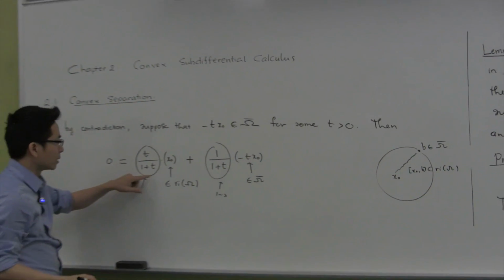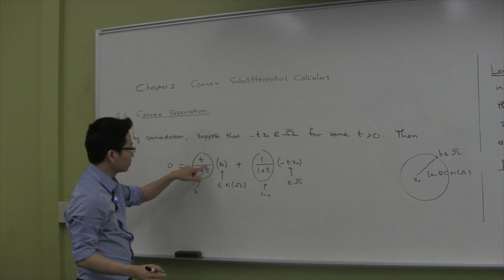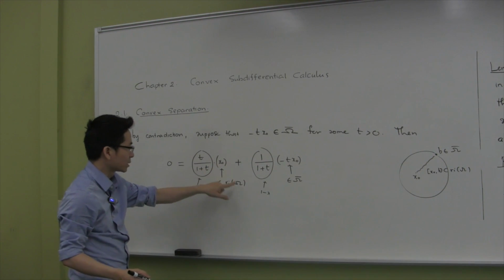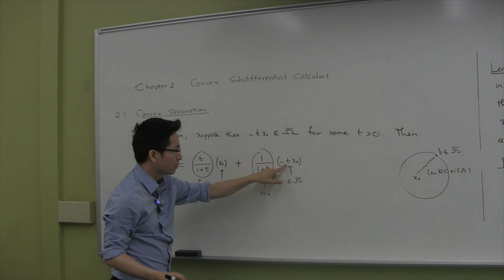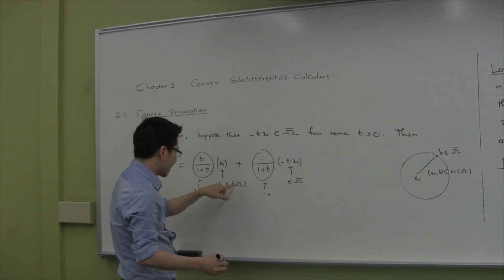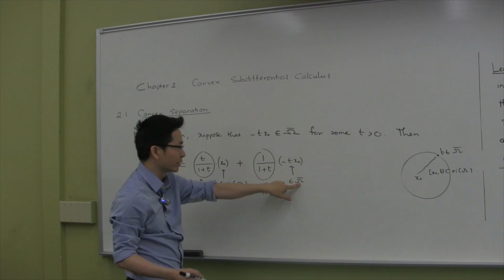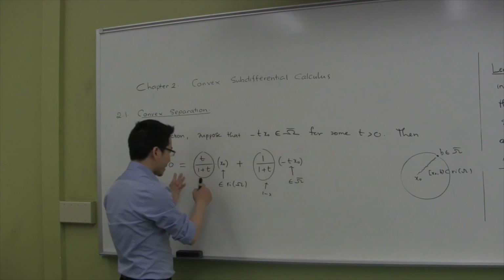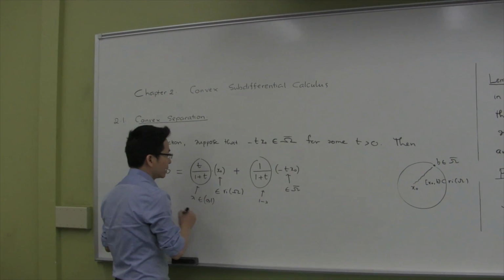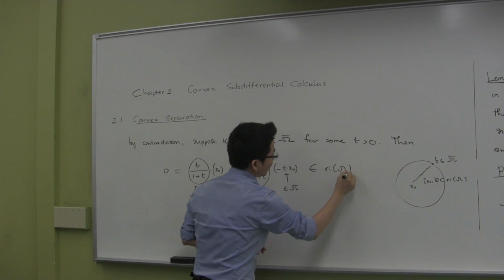So that means the point 0, being lambda times x0 plus 1 minus lambda times minus t x0, where x0 is an element of the relative interior of omega, minus t x0 is an element of the closure of omega, and lambda belongs to the open interval (0, 1), belongs to the relative interior of omega.